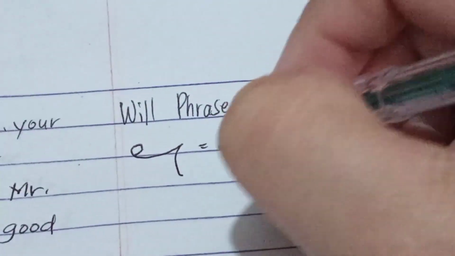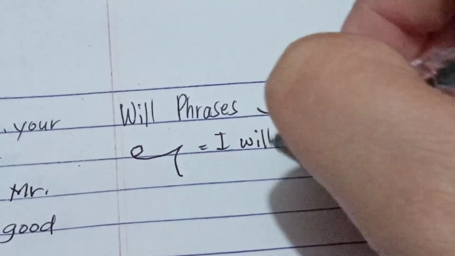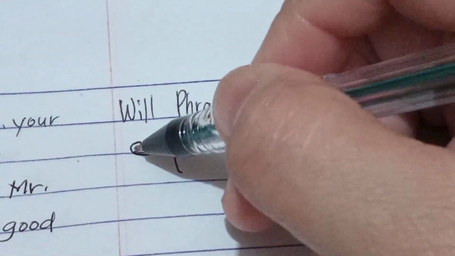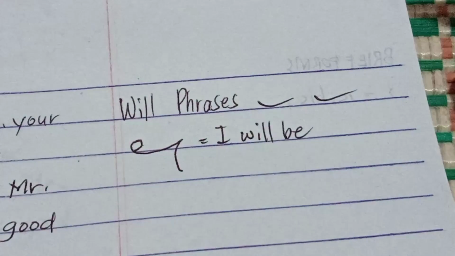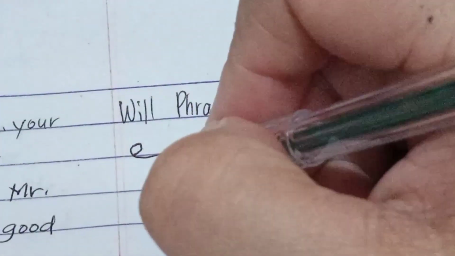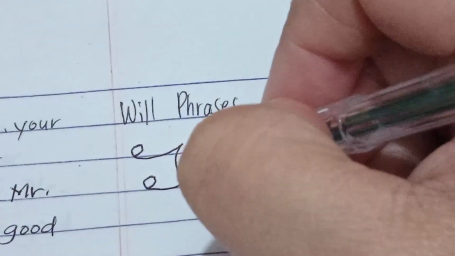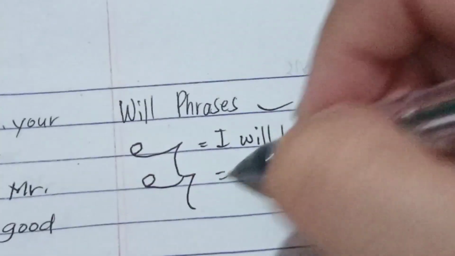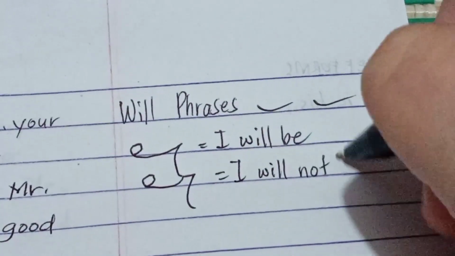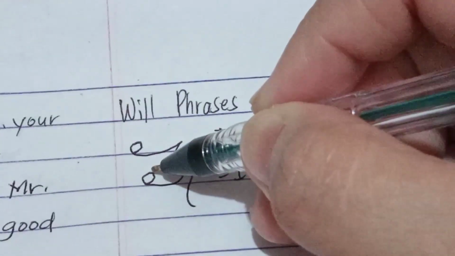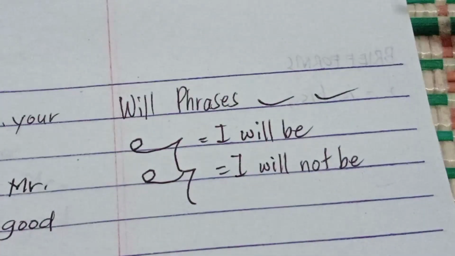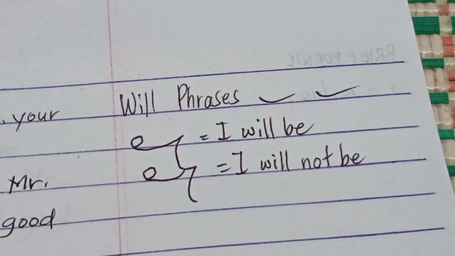So, this is I will be. Saan po yung I? This is the big circle I, this is the will, and this is the be. Okay, I will be. How about if I write I will not be? So, this is I will not be. This is the I, this is the will, not, and be. Okay, I will not be.